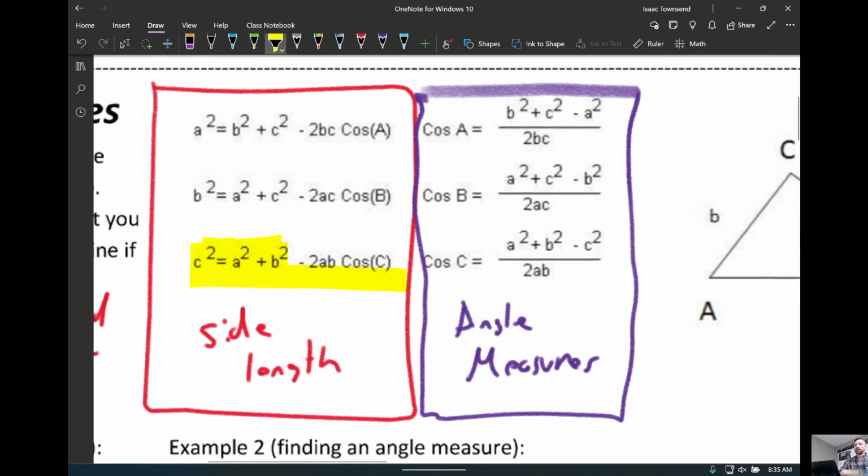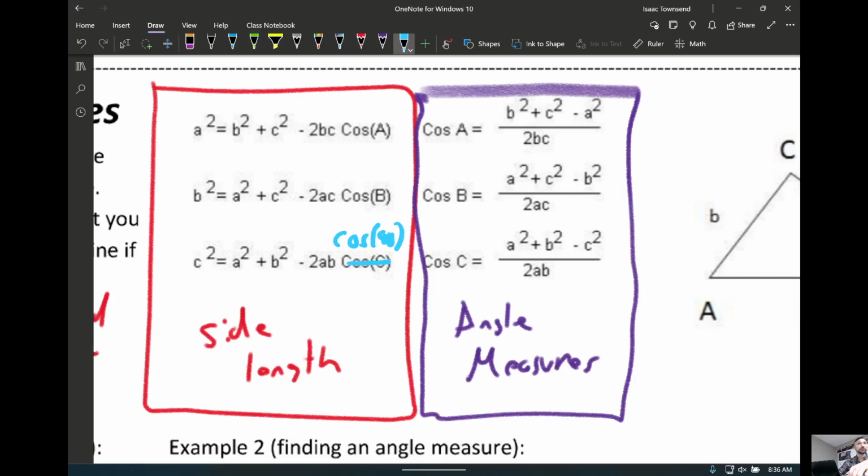Of course, I'm not in charge of determining what you learn in geometry, but I always was curious why you didn't just learn this formula instead of the Pythagorean theorem, because this one always works, whereas the Pythagorean theorem only works if it's a right triangle. The reason is, if this is a right triangle, this ends up being the cosine of 90 degrees.